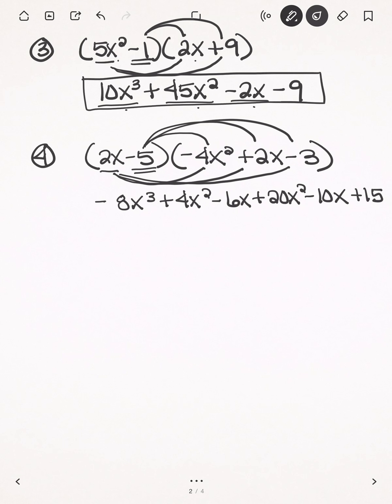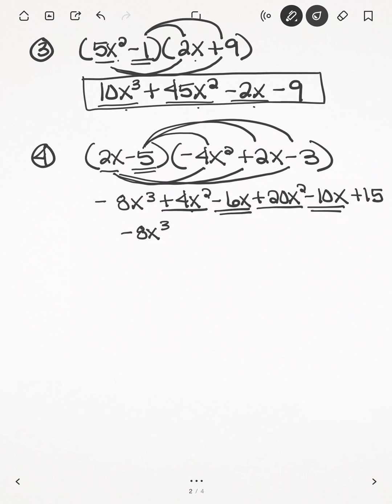Now, when you look at that, you can see that you have some like terms. I have an x squared here, and I have an x squared here, and I have an x here and an x here. So I have two different sets of like terms that I can combine. So I'm going to rewrite my negative 8x to the third.